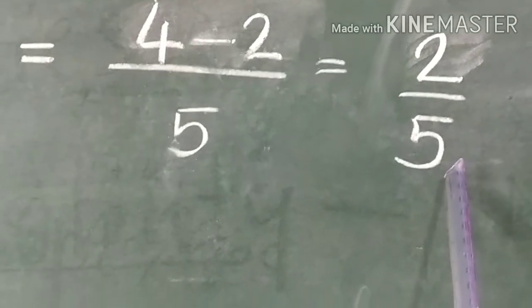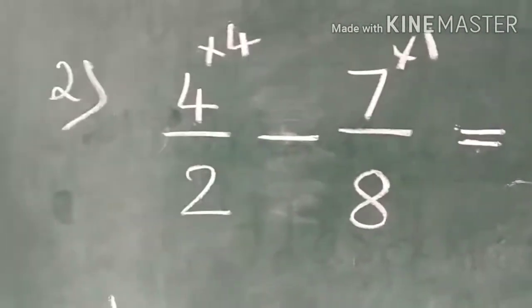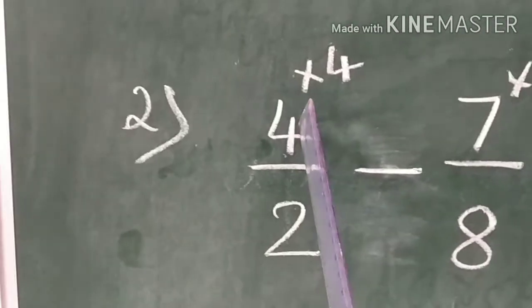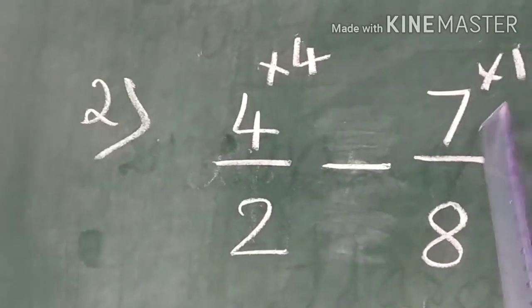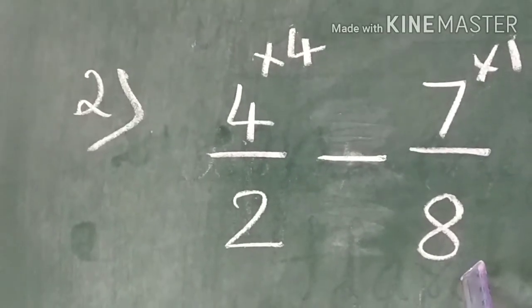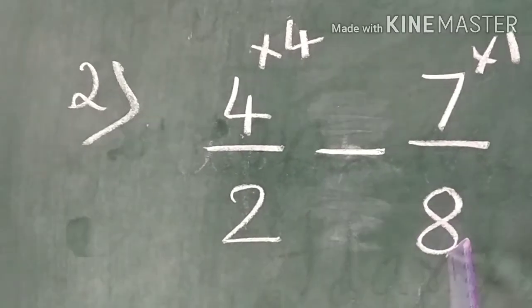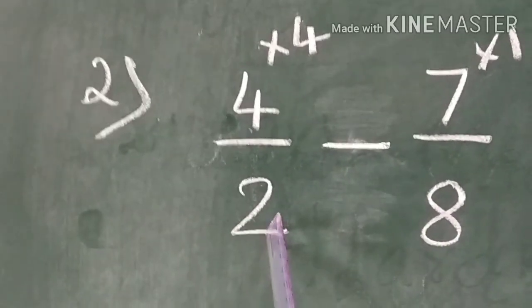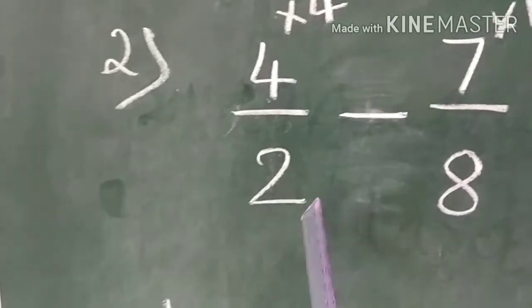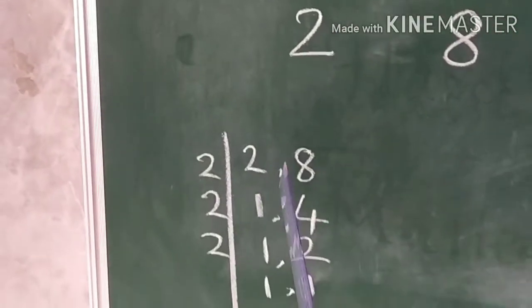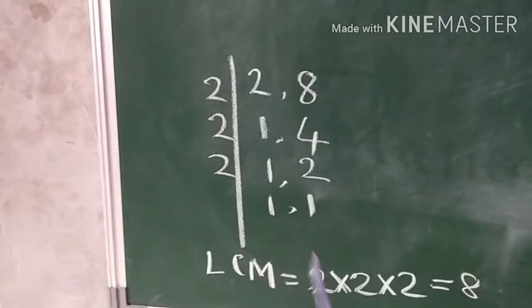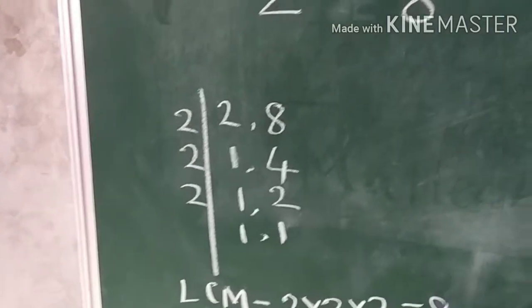2 by 5. Now coming to one more example. 4 by 2 minus 7 by 8. Here the denominator parts are different. So taking the LCM of 2, 8. LCM of this denominator part is 8.